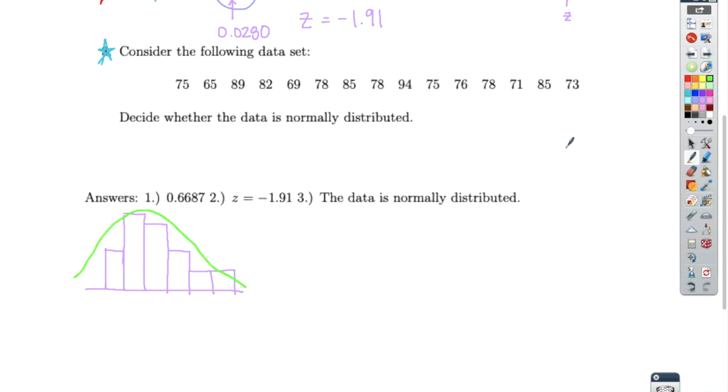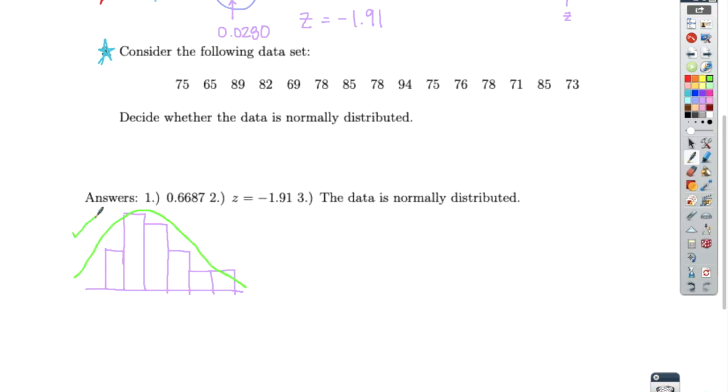Things that would not be a bell curve might look like this, and then other bars. That would definitely not be normally distributed. This has a generally normal shape. It looks like it might be skewed a little bit, but I would say so far the histogram test is okay.